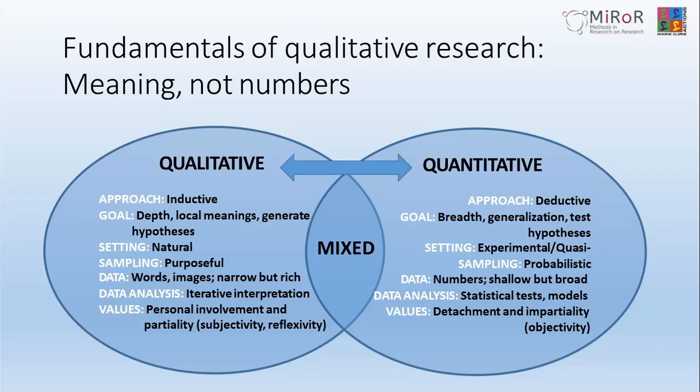Now, quantitative, I'm not going to talk much because we are aware of it a lot. You will find that in the case of the values, here it is personal involvement, whereas in quantitative it is detachment, and you involve a special class of people from whom you get the input in the form of a questionnaire, the statements and the responses being given.